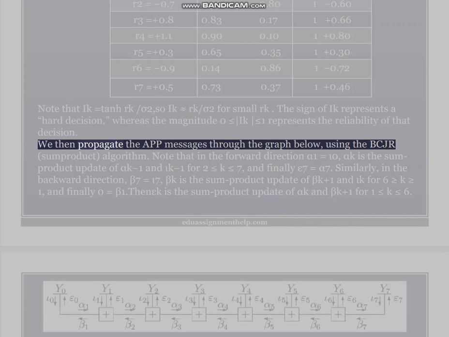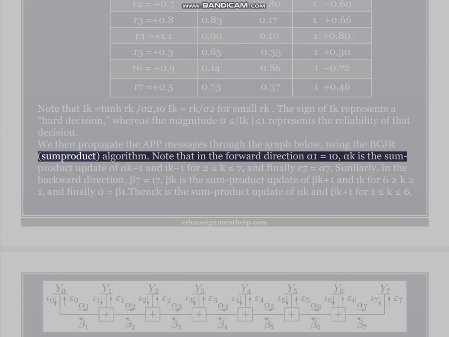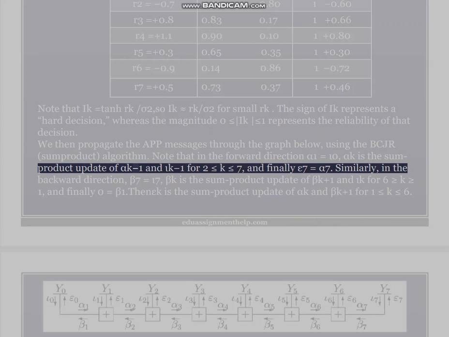We then propagate the APP messages through the graph below, using the BCJR (sum-product) algorithm. Note that in the forward direction α1 = ι0, αk is the sum-product update of αk-1 and ιk-1 for 2 ≤ k ≤ 7, and finally ε7 = α7.